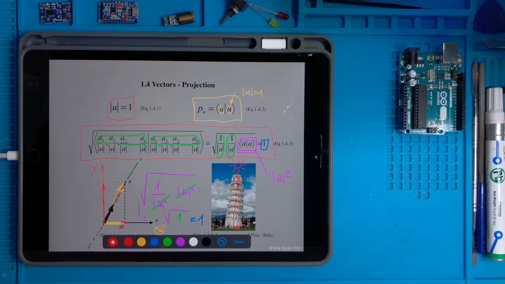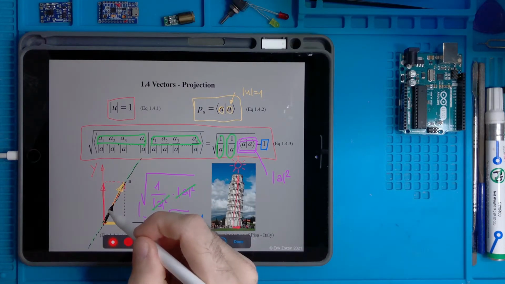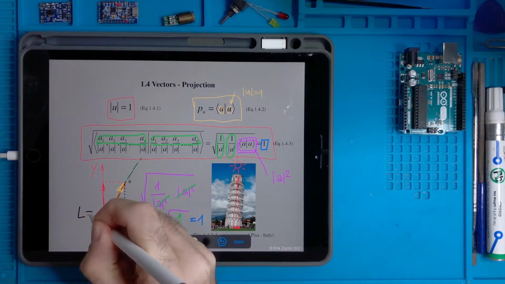So we have seen addition between two vectors, inner product, projections, and also a process which is called normalization: the transformation from a vector to a vector having the same dimension but length equal to 1.